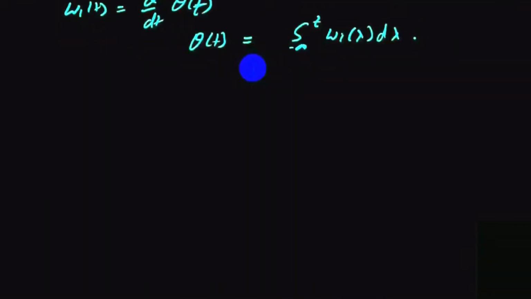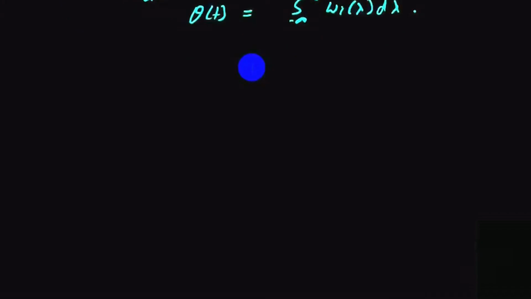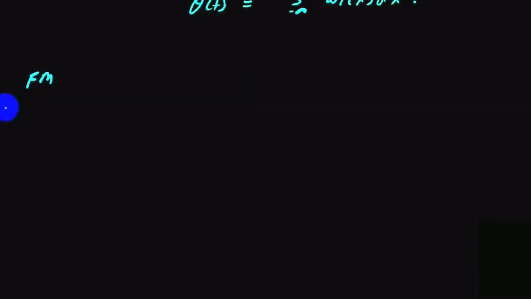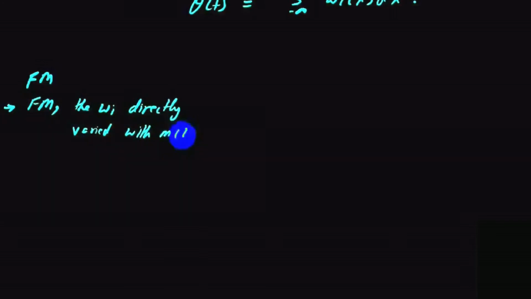Right. So now this brings us to the two types of angle modulation, namely frequency modulation and phase modulation. In frequency modulation, the instantaneous frequency is directly varied with the message signal m of t.